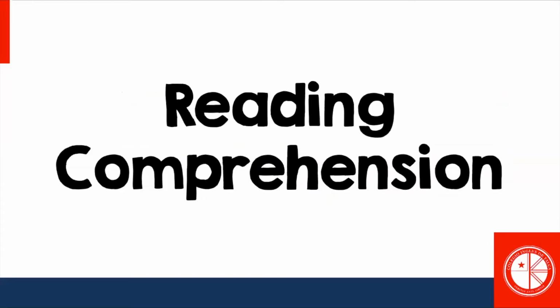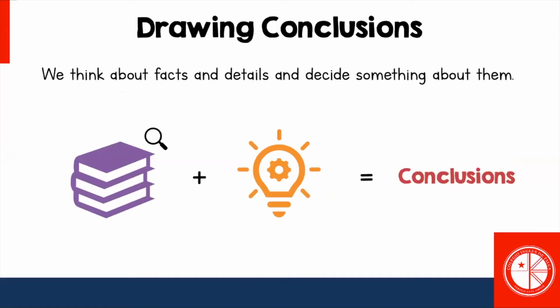Now we're going to review reading comprehension. In reading comprehension, we learned about drawing conclusions. And we said that when we draw conclusions, we try to think about all the facts, the details, all the information that is provided in the text, and then I decide something about them.